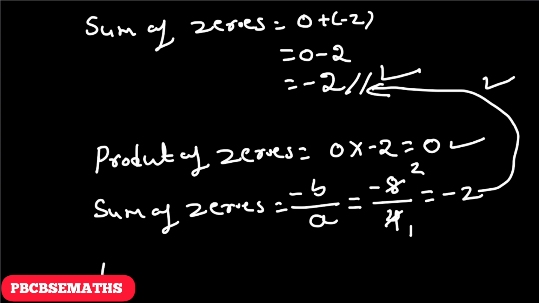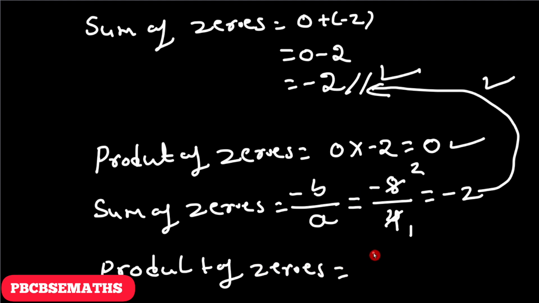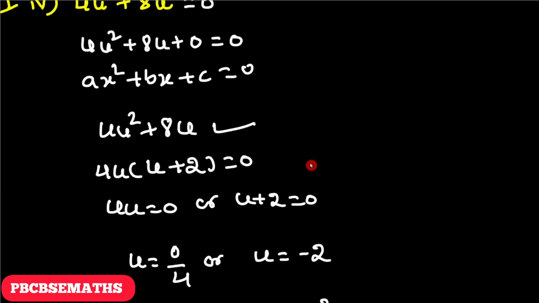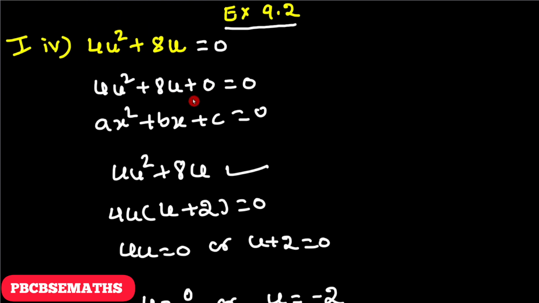Let's find out product of the zeros. Product of zeros is always equals to c by a, that is constant term divided by coefficient of x square. So here the constant term in this quadratic polynomial is not there, then we modified it into plus 0.